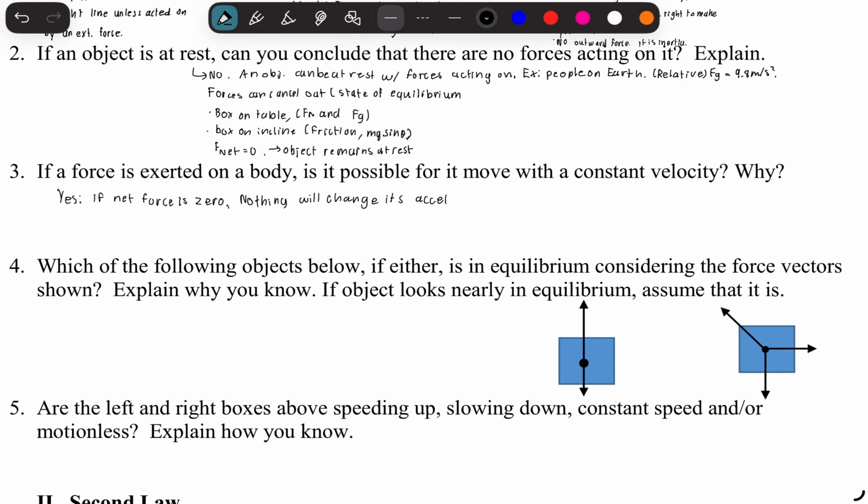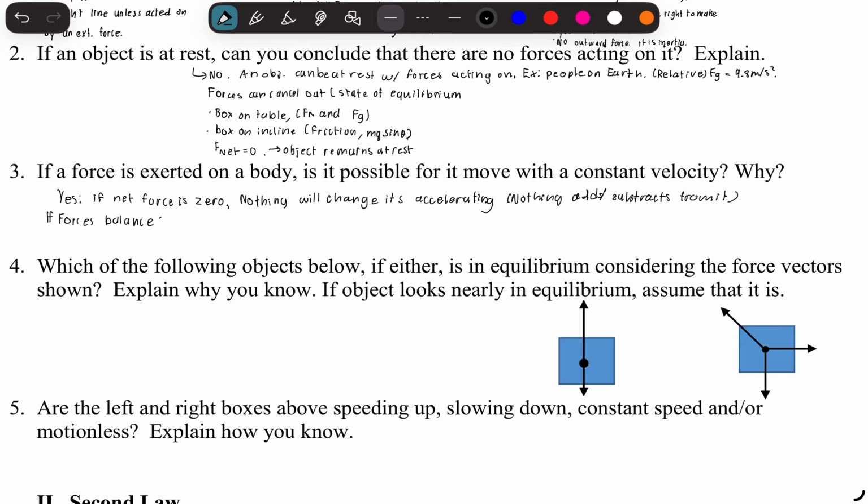It's just going to stay the same unless something adds to it or slows it down. So if forces balance, nothing adds or subtracts from it.